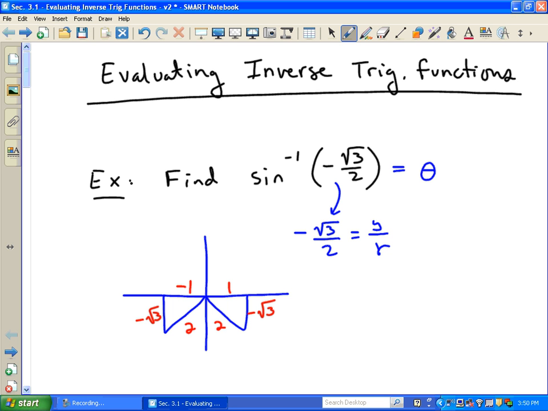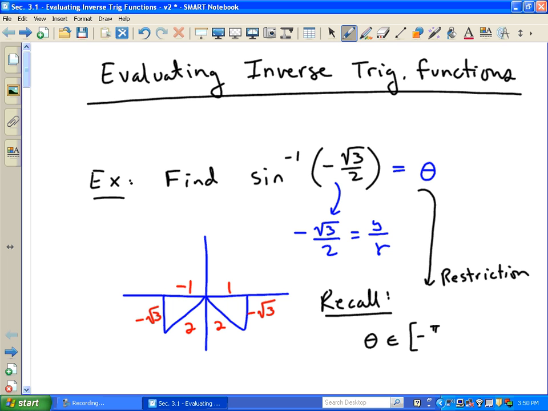Now, the problem from this point is determining the actual answer for theta to compute this inverse. Recall the restriction on theta for the inverse of sine. The restriction for sine was that theta had to be between negative pi over 2 and pi over 2, and it could include either one of those.